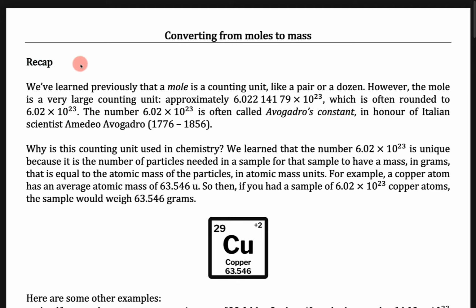I thought it would be helpful to do a recap in the first part of this handout, just so that I could explain some of Friday's material. There was a handout attached to Friday's material that explained why the number for a mole is 6.02 times 10 to the 23.